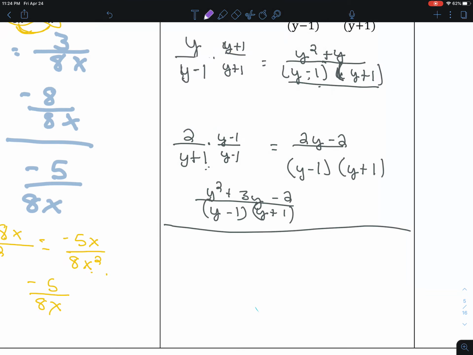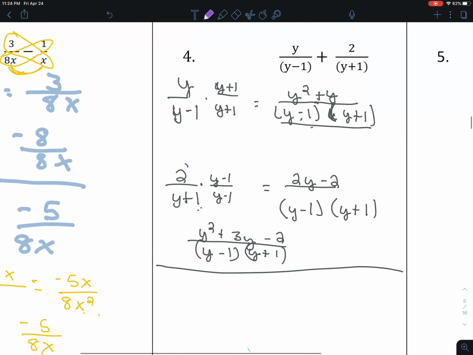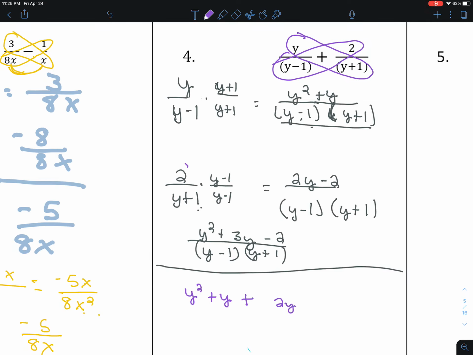If I used another method, I need to go back to the original. I multiply those two values together, which would give me y squared plus y. And then I would multiply these two together, and I would get 2y minus 2.